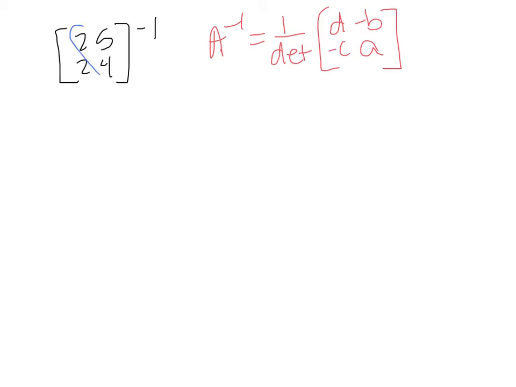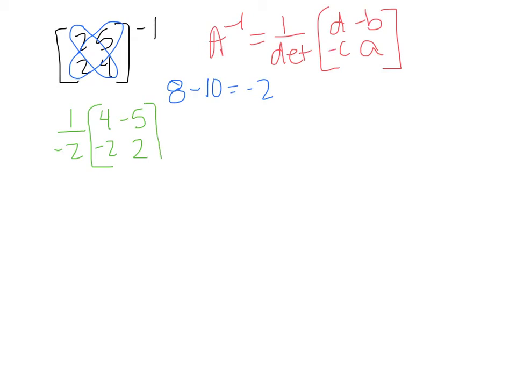The determinant of this matrix is going to be 2 times 4, which is 8, minus 2 times 5, which is 10, so it's negative 2. So to go about actually finding the inverse now, we are going to do 1 over the determinant, so 1 over negative 2, times the mixed up matrix. So we're going to flip 2 and 4, and these two guys are going to become negative.